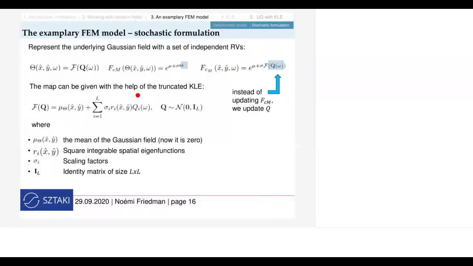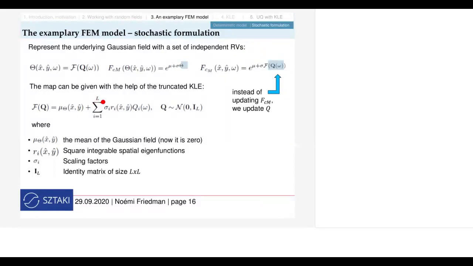So I can have a map which gives me a set of Gaussian independent random variables, and a finite number of them if I truncate the expansion. And then I can write this spatial function as a linear combination of some spatial functions and random variables. And this is really desirable because from now on, my task to do the uncertainty quantification is exactly the same as it was.